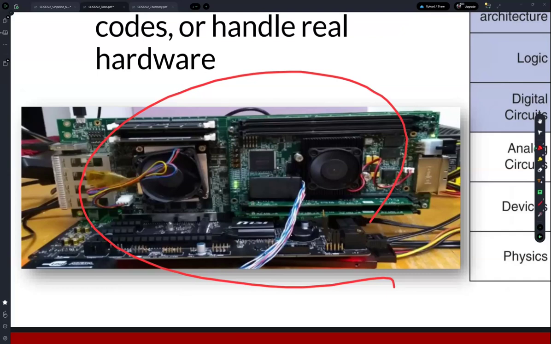This is a real hardware board, and this board includes an FPGA, which is a programmable chip. So we can also use real hardware, but the problem is that it's difficult to use.